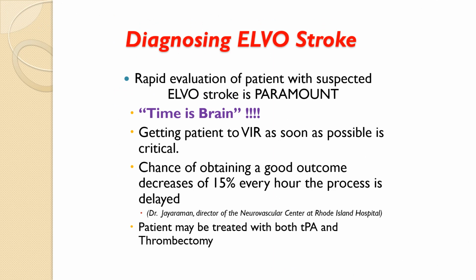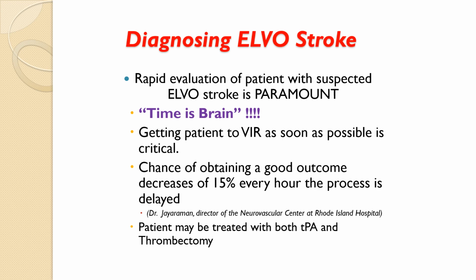All right. So diagnosing an ELVO stroke. Time is brain. All right. Rapid evaluation of the patient is paramount. Now, why is getting the patient to VIR as soon as possible critical? I don't know. It's been a while since I've taught this, but the new emerging data is that for an ischemic stroke, in addition to administration of TPA, right?